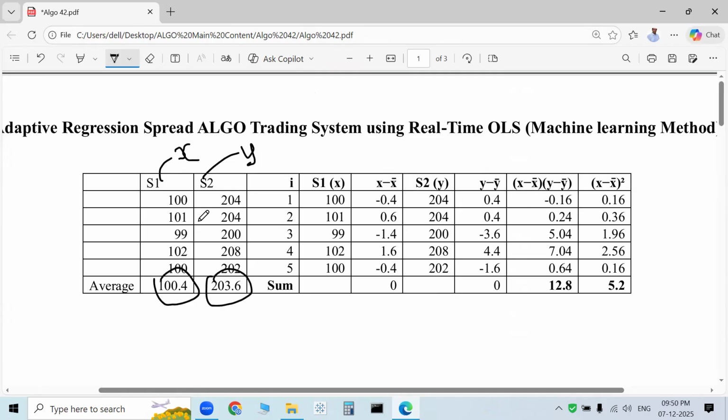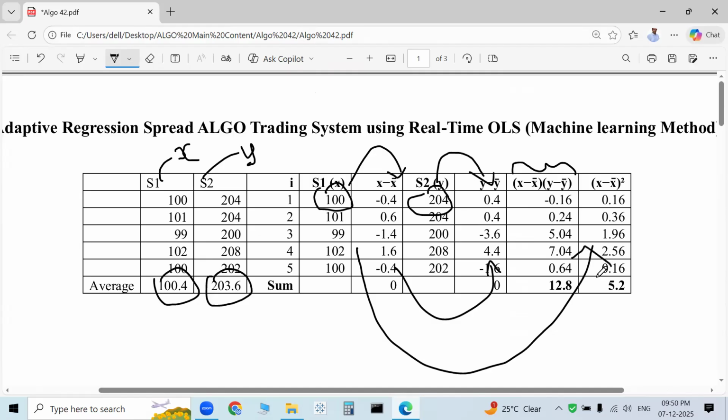Once we found the average, we find how much the first price deviates from the average, and how much the first price of stock 2 deviates from the average. We multiply both to get this deviation multiplication, and the deviation also gets squared over here, because we want this value for some calculation. So I hope this is clear.